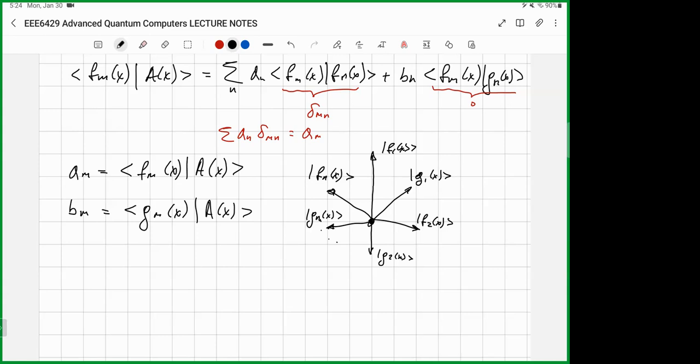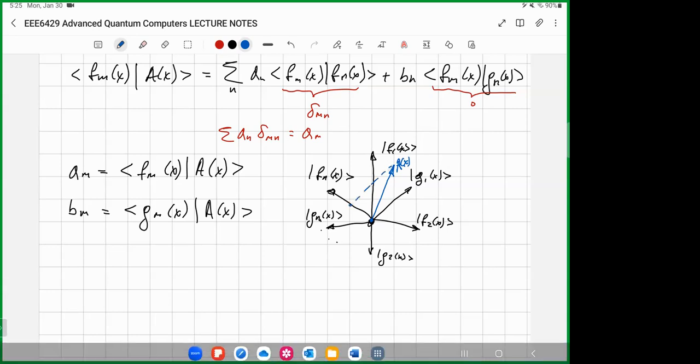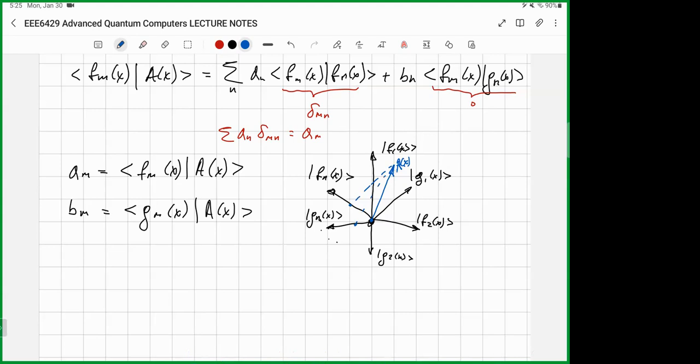And then we have a vector function. This is our a of x here. Then we find the projections of this vector function on the corresponding vectors, and these are nothing but the coefficients an, bn, and so on for all other projections.